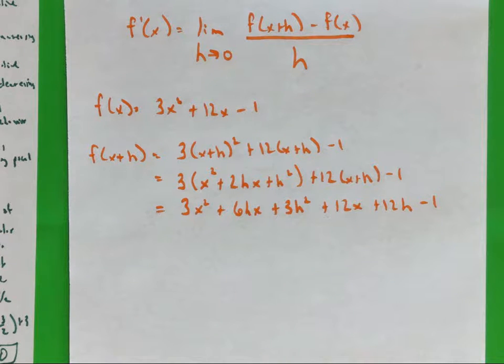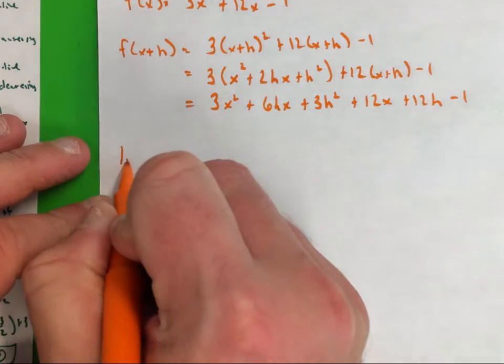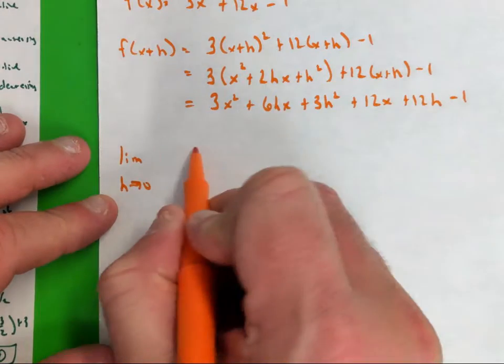If I take x and plug it in right there, does it change it? So you really don't have to do any work on that. Now let's substitute it back into our formula, okay? The limit as h goes to 0, I'm going to put this in there.